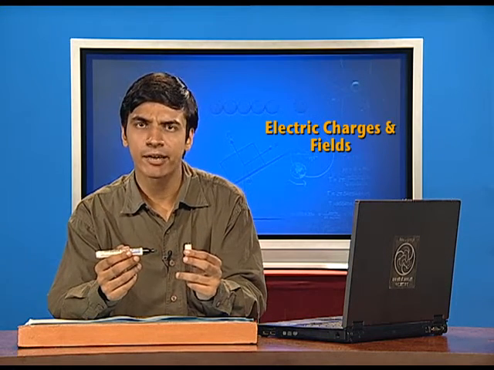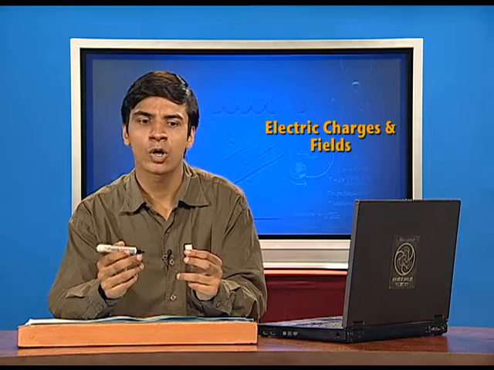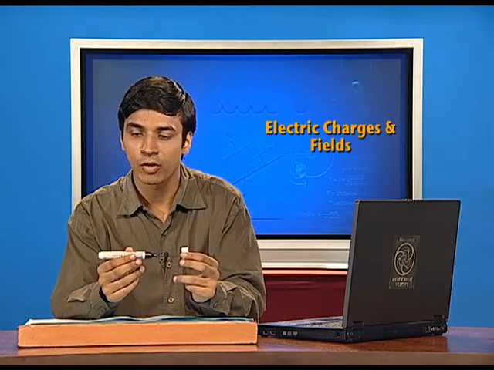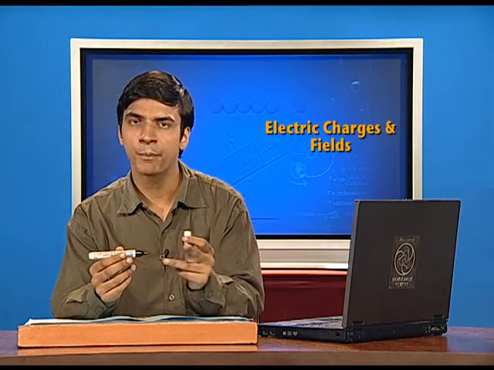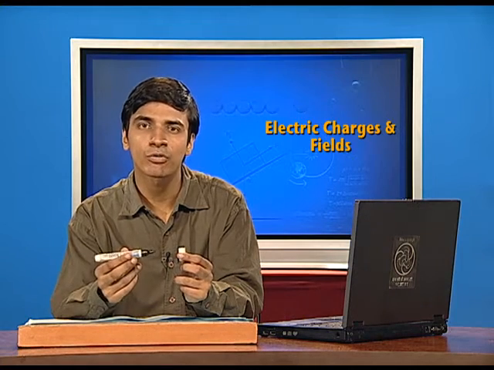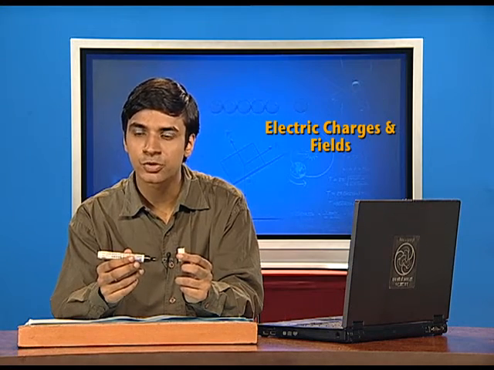So this positive charge will definitely have some sort of repulsion on this positive test charge. But we also have what? A negative charge here. Along with the repulsion that this positive charge is giving, this point also has some sort of attraction due to this negative charge.